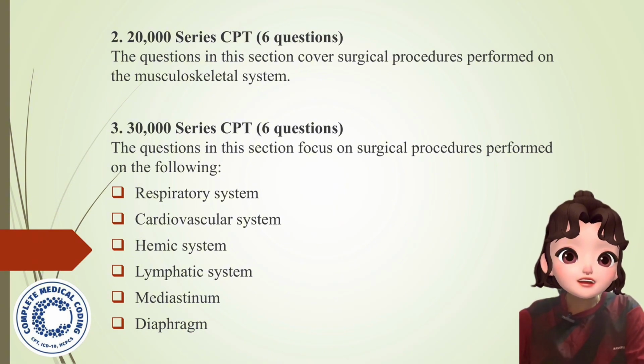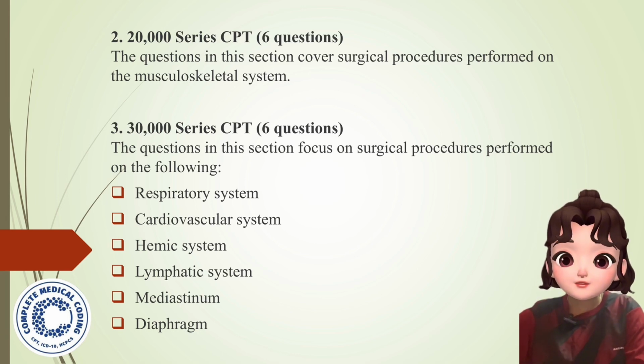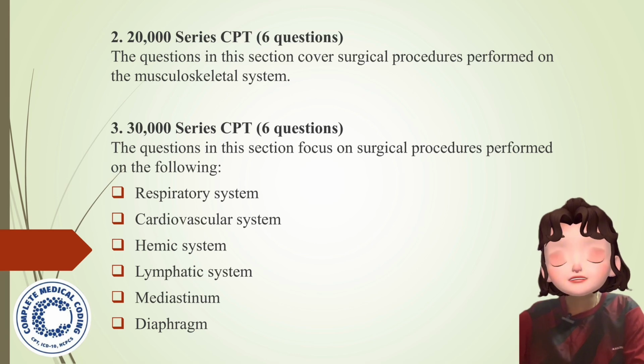Now the 30,000 series CPT questions consist of 6 questions. The questions in this section focus on surgical procedures performed on the respiratory, cardiovascular, hemic, lymphatic systems, mediastinum and diaphragm.